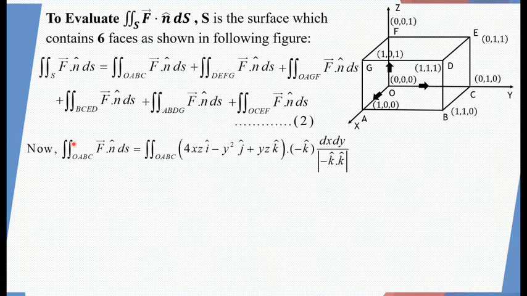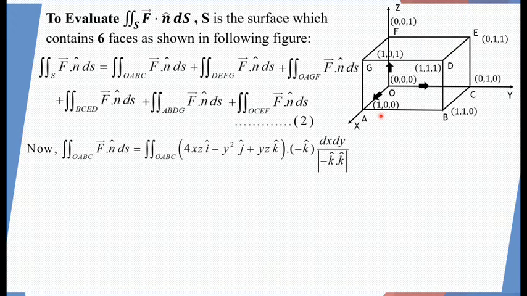So the double integral of vector f dot n cap dS for the face OABC. Now vector f is 4xz i cap minus y square j cap plus yz k cap, dot product with n cap. OABC is in the xy plane on the downward side. So in this particular case z is equal to 0.